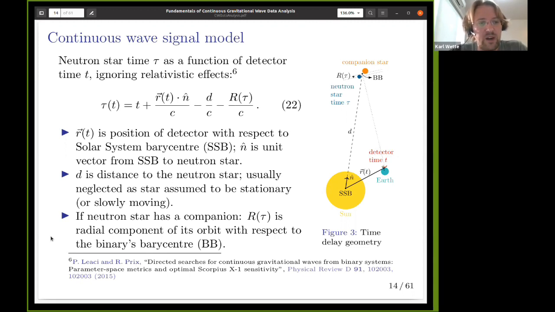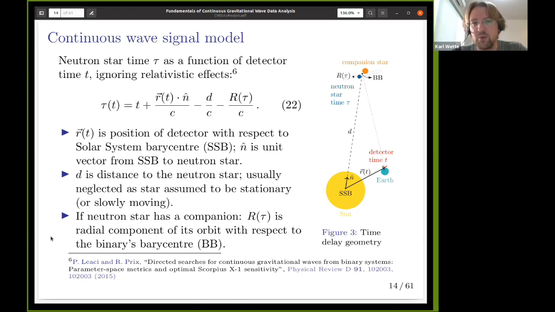So we have R of t being the position of the detector with respect to a point in space which we call the solar system barycenter, which is basically the center of mass of the solar system, which is really roughly in the middle of the sun, I guess. Maybe not quite, but at least I've given it there in the diagram.